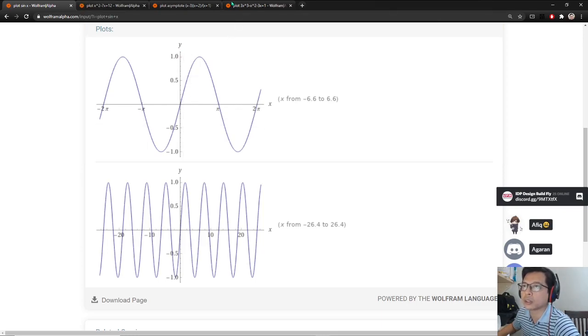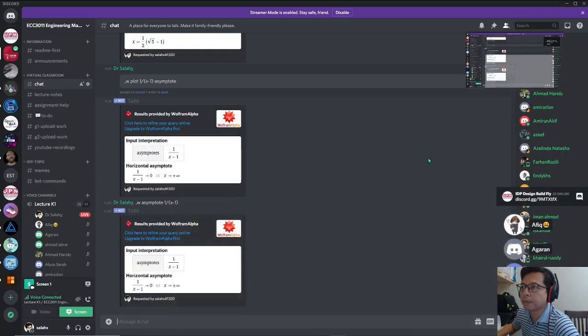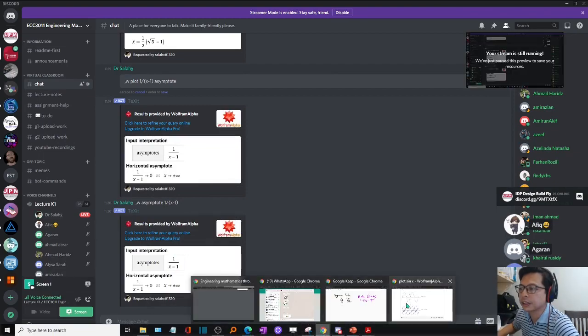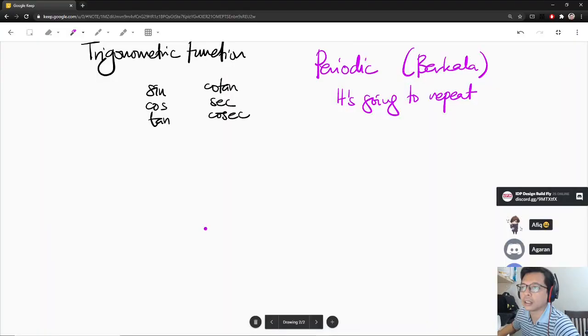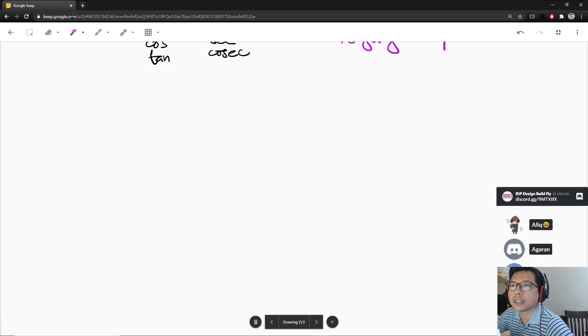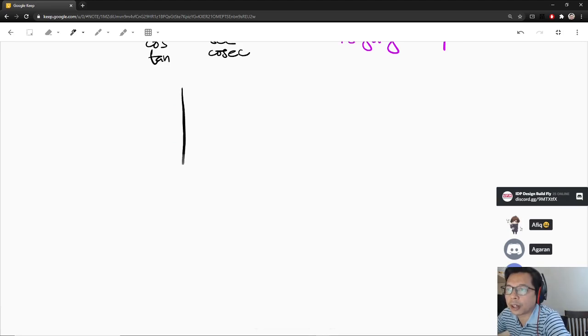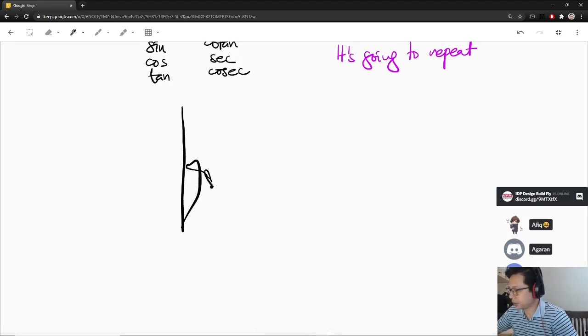So if I want to plot such a function, a generic function, let me see, I have some notes here, bear with me. Here we go.